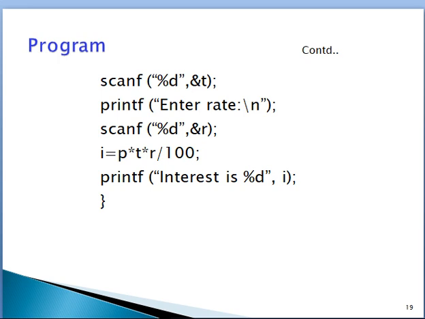To know the simple interest, we need to print the value of I on the screen. That's why in the next statement we are using the printf function. Printf, in double quotes, the control string, and I as the argument. It prints the I value on the screen.